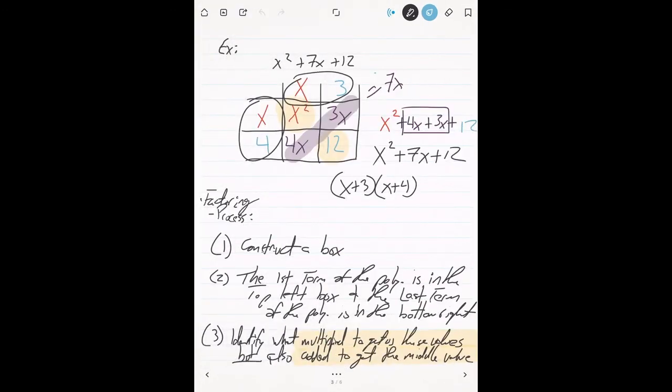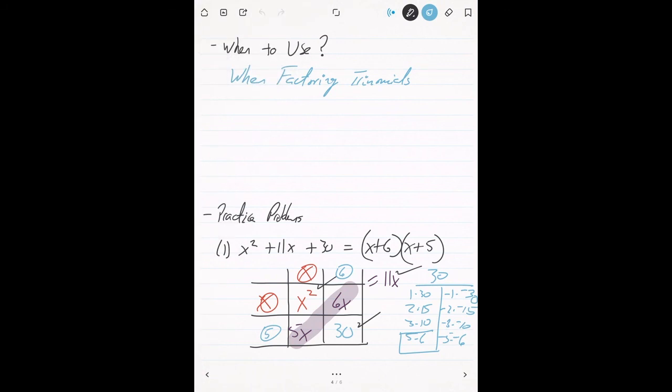Take a look at some of the previous problems, right? Leading coefficient of 1, leading coefficient of 1. In these problems, it was very easy to decide what times what got us x squared. X times x, right? Very straightforward, very simple. This is going to become very difficult when the leading coefficient isn't 1, and we're going to have another technique for that.